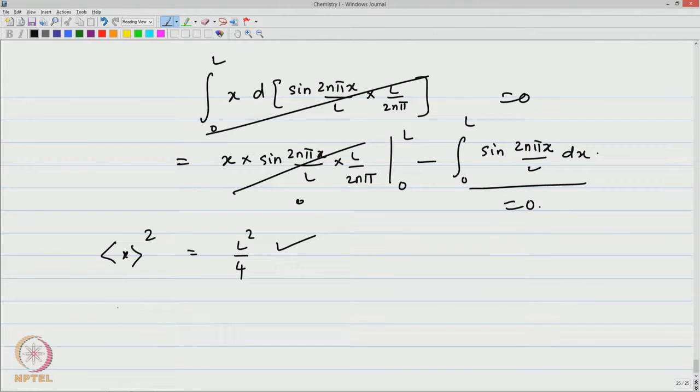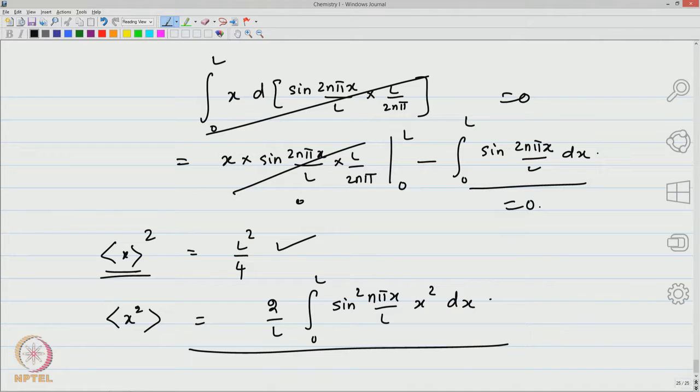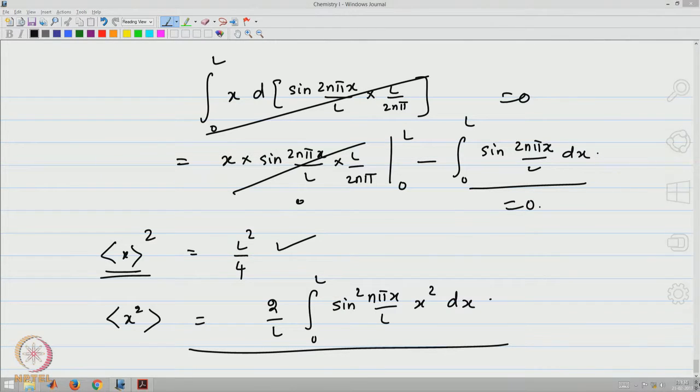The calculation of the average value of the square of x, this is the average of the position squared, is given by again 2 by L integral 0 to L sin squared n pi x by L x square dx. Again you can do this using partial integration with the u dv type formula.